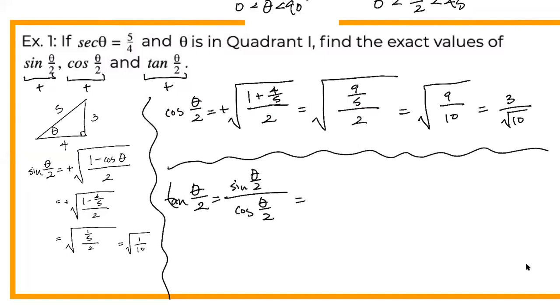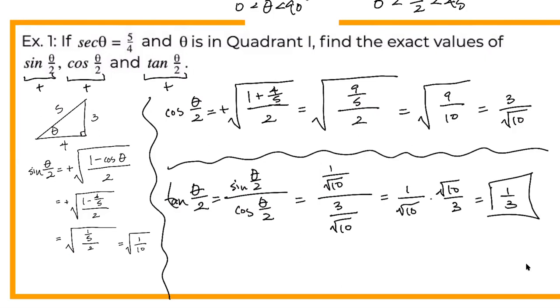And that's going to give me 1 over root 10 divided by 3 over root 10, which is the same as 1 over root 10 times root 10 over 3, which will give me 1/3 as my tangent half angle.